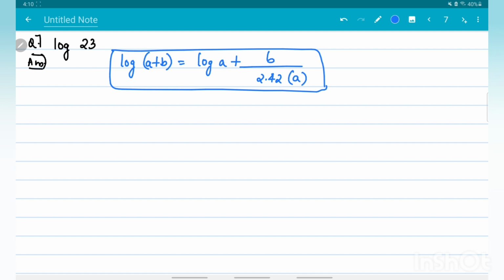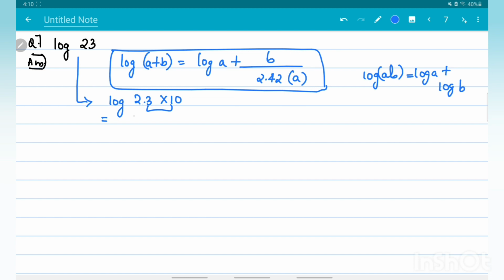Okay, now let's find the log of 23. Now this log of 23 can be written as log 2.3 into 10. Okay, 23 can be written as 2.3 into 10. Now if you have something like log A into B, I told you in the starting that you write it as log A plus log B. So similarly I'm going to do it over here also.